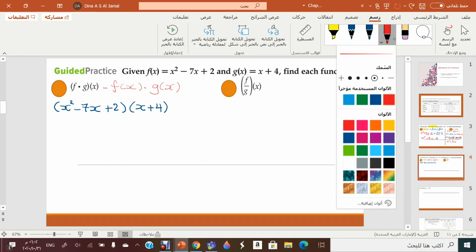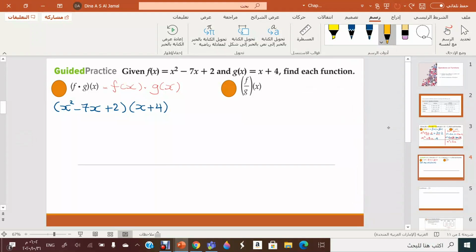And now, as we did previously, when we want to multiply polynomials, I will apply the distributive property for each term. x cubed minus 7x squared plus 2x.